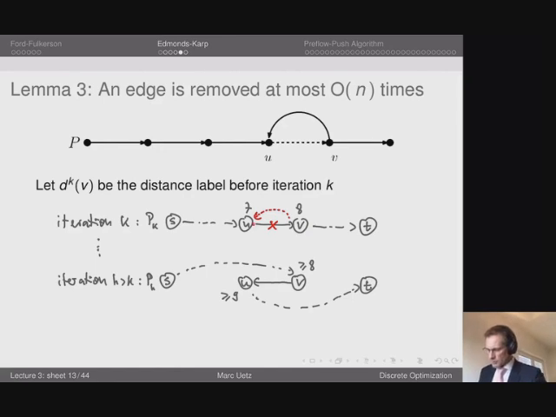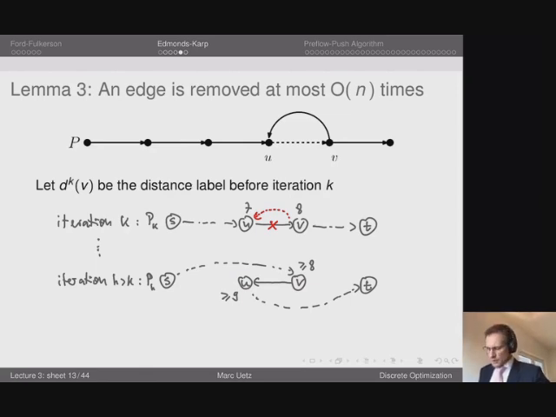And in that iteration, we were saturating this edge, and therefore it got deleted from the corresponding residual graph. Now I'm claiming that when this same edge from U to V would be removed once more in a later iteration, the distance labels of these two vertices will have increased by at least 2.